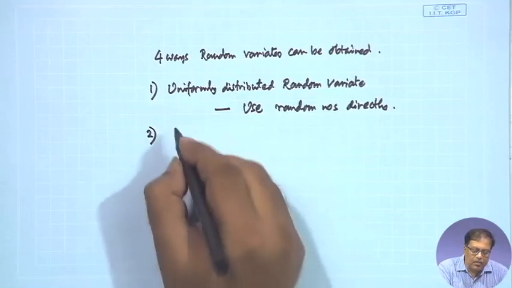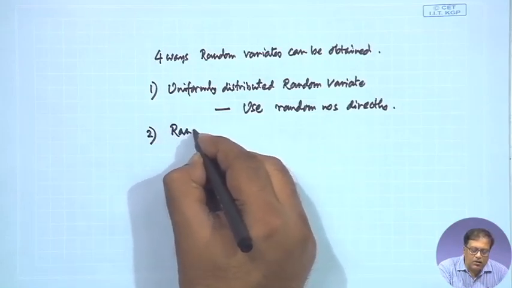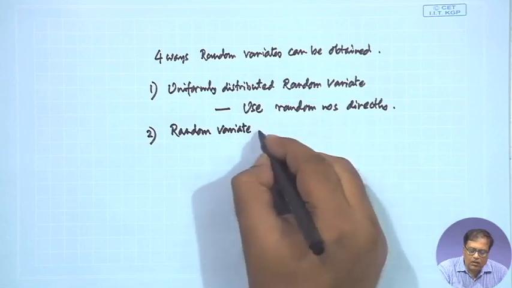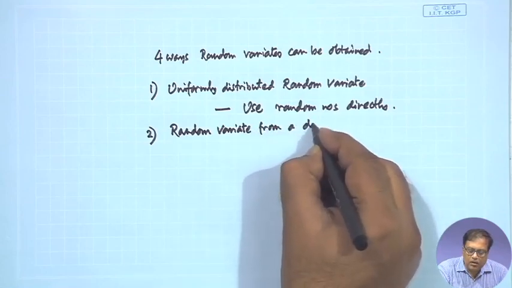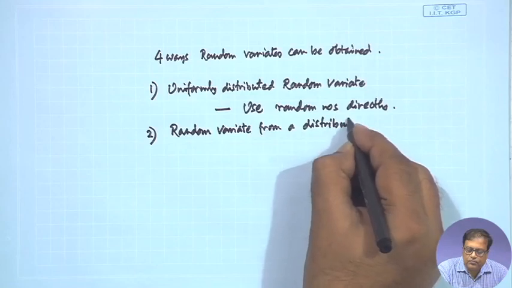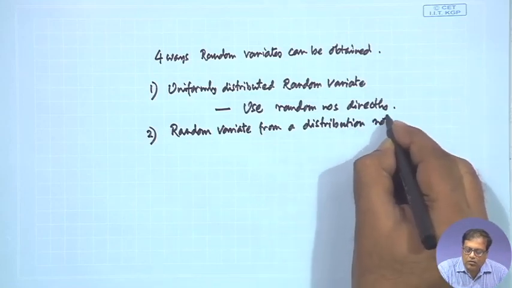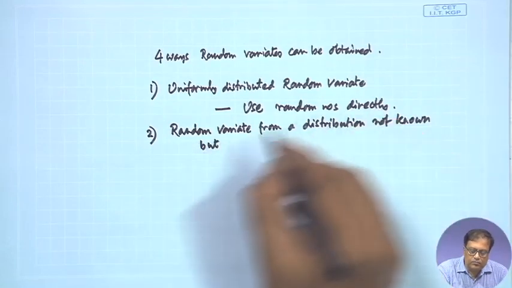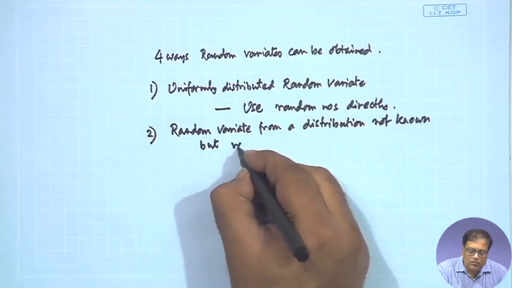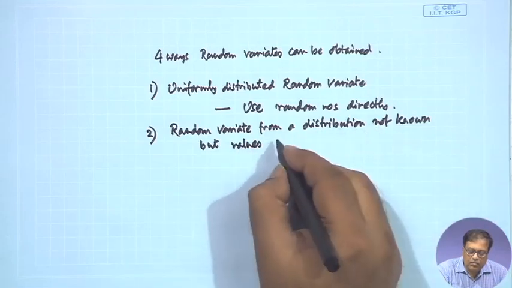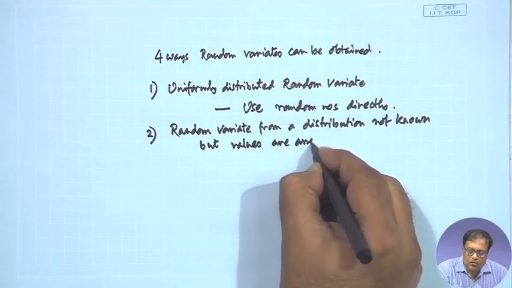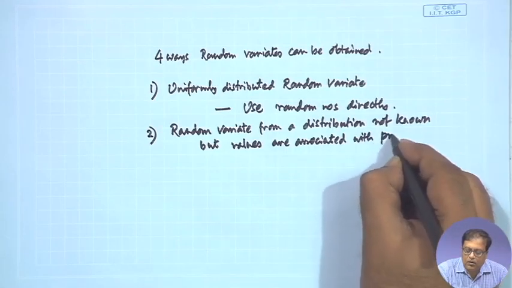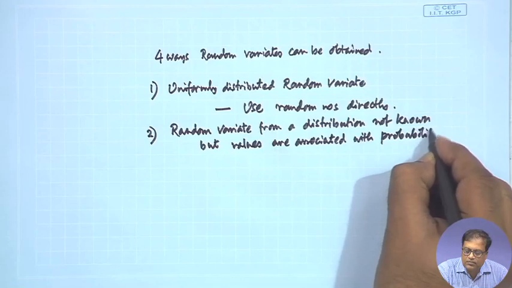Second, a random variate from a distribution not known, but values are associated with probabilities.